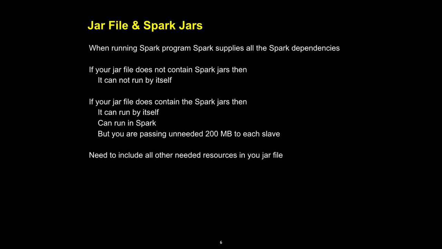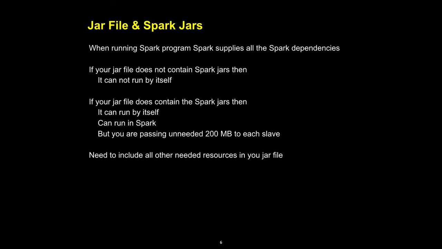If you create a jar file that does not contain them, it's much smaller, but that jar file is no longer runnable by itself, right? You have to run it in the context of Spark. You have to say, Spark, here's a jar file, run it. And you have to tell it, here's the class you're going to run first.